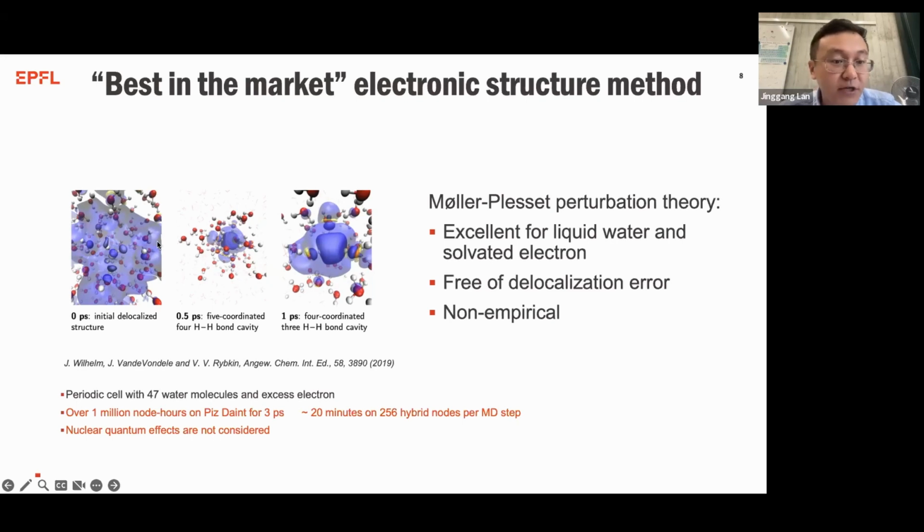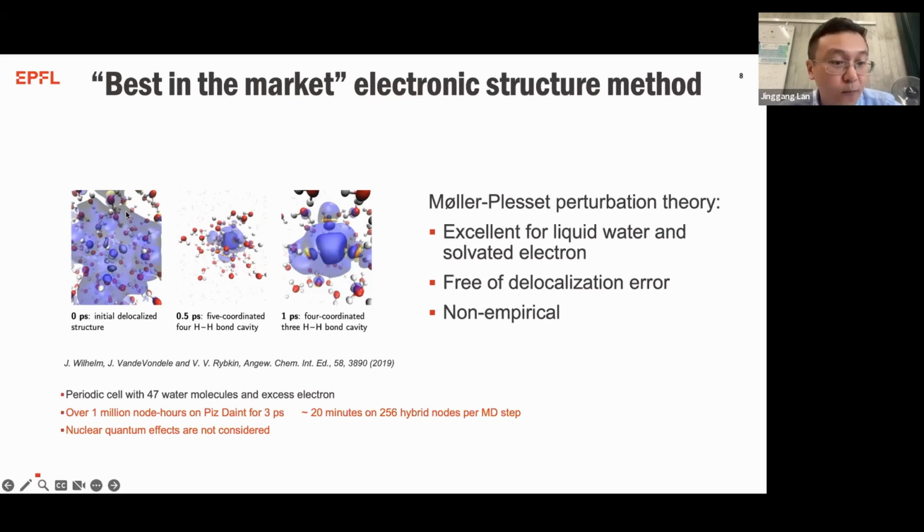To run this simulation on one of the largest supercomputers designed, it requires 20 minutes on 250 hybrid nodes for each MD step. Basically, he only obtained 3 picoseconds and it cost over 1 million node hours. So this is highly expensive. And as we know, nuclear quantum effects are not negligible when we want an accurate description of aqueous systems.